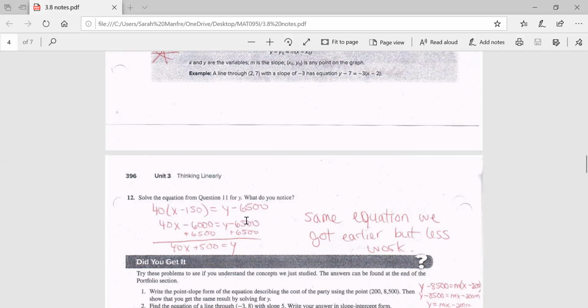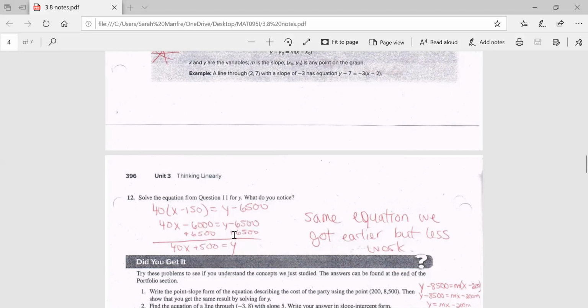Now I'm going to combine like terms. Well, 6,000 and 6,500 are my only like terms, so I'm going to bring those together. Now, you might have a hard time figuring out which one goes to which side. But remember, our goal is to get y by itself. And if I want to get y by itself, I need to bring this negative 6,500 over to this side. Then y will be alone.